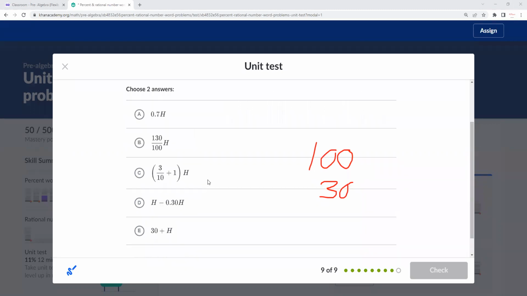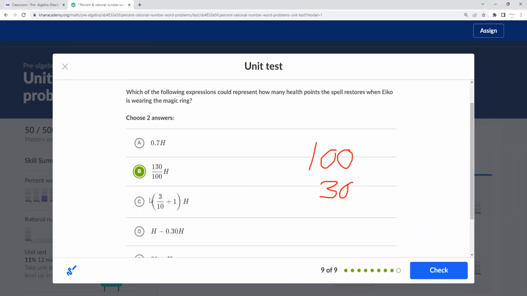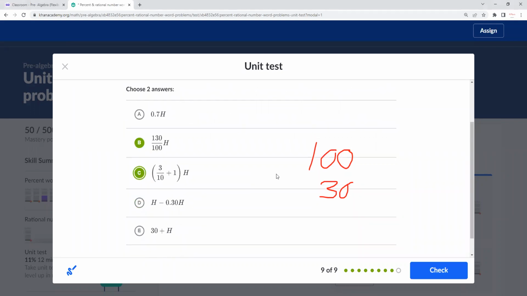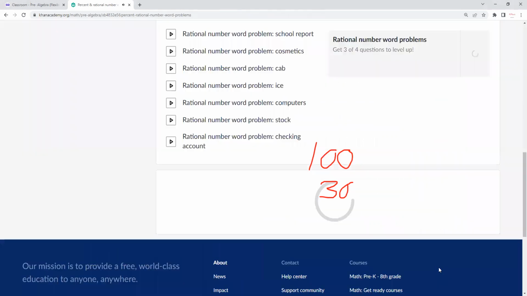So 130% is what we need, which is 1.3. So this one here works. This one here works. Wait, 3/10. Let me see what that is as a decimal. Yep, those 2 work.